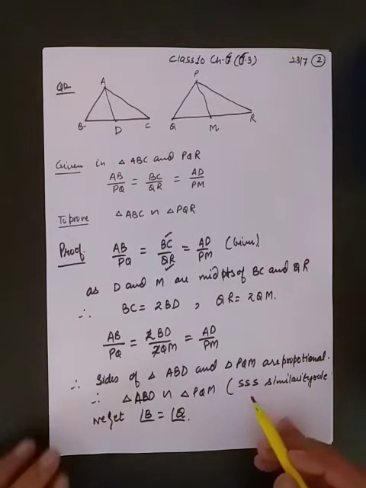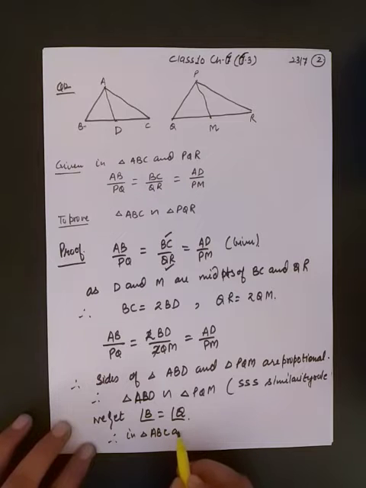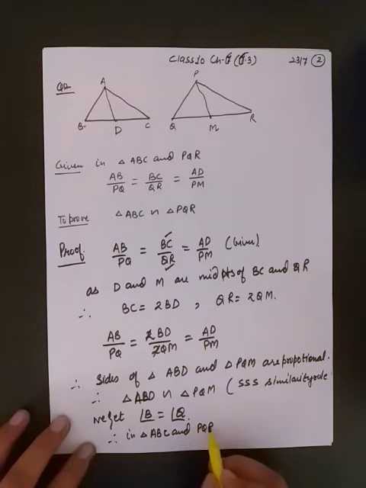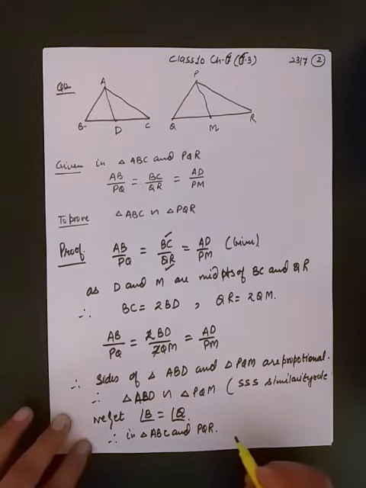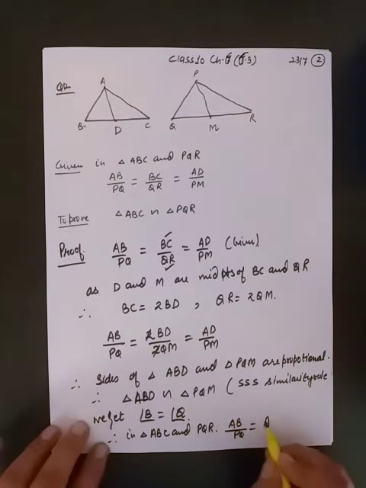We are already having this. So therefore, in triangle ABC and PQR, we have AB by PQ is equal to AC by PR. This is given.